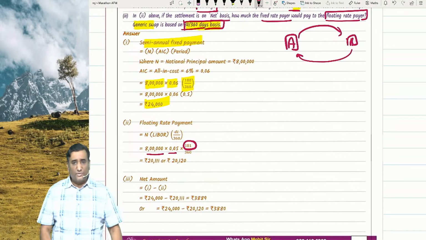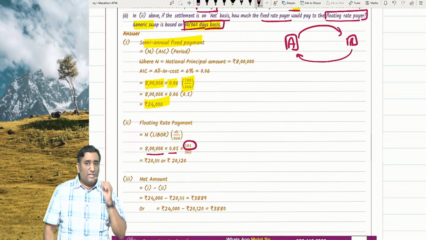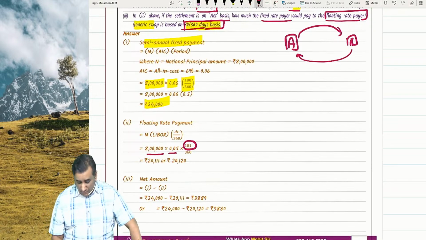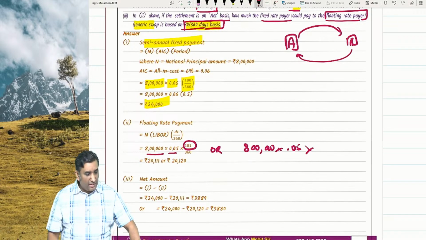I might not have discussed this with you. Generic swap, he is mentioning clearly: it uses 180 days, and for the floating you have 181 days. So why are 2 answers given? They have a tendency of calculating either this way directly on the calculator, or you calculate 8 lakh into 0.05 into 181 divided by 360.